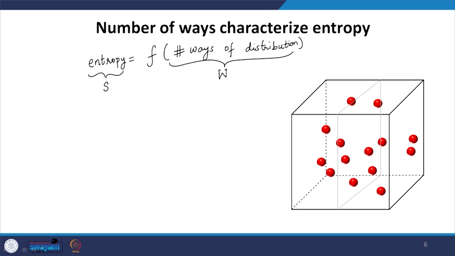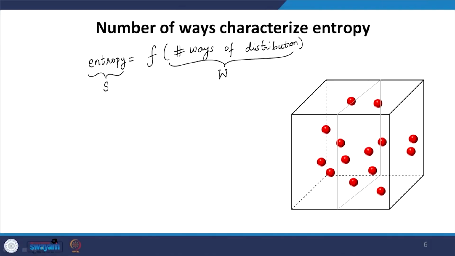So, typically we call the entropy S, and this number, let us say, I call W. Okay. So, in order to define entropy, what I will do is try a thought experiment. Let us say, for example, I divide the box into two halves. In one half of the box there may be some W1 ways of distributing the energy in those molecules, and in the second half there may be some W2 ways of distributing energy.